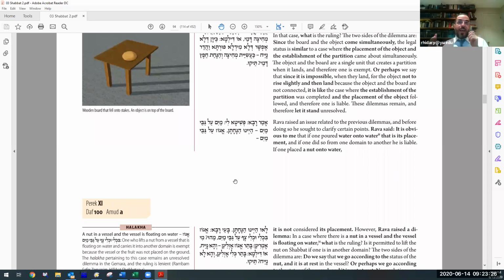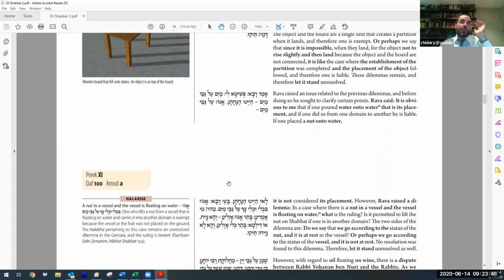So I would be chayav because that's where water goes. Although it mixes up and all that, that's called hanacha. However, if it's just a nut and I drop it onto water, it floats. So it never comes to rest because it's always floating around. So therefore, putting a nut on water would be patur. So that he knows, that's peshita.